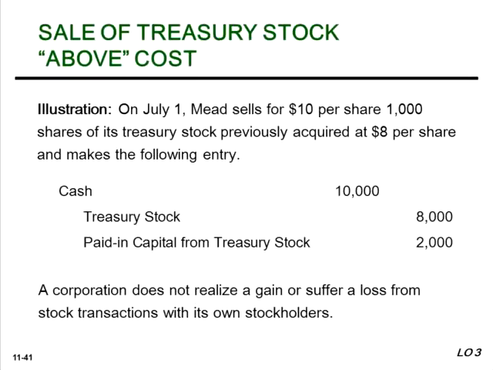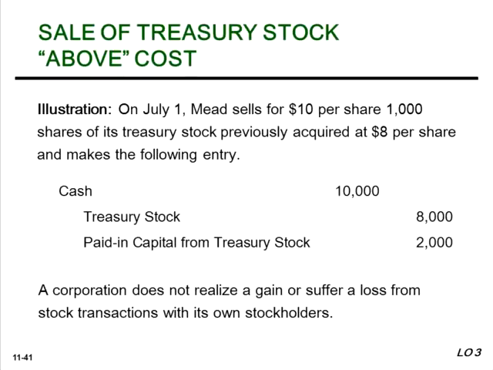In our first example, the stock is reissued at a price higher than the cost basis. So on July 1st, Mead sells for $10 per share 1,000 shares of its treasury stock previously acquired at $8 per share and makes the following entry. So we're debiting cash for $10,000.